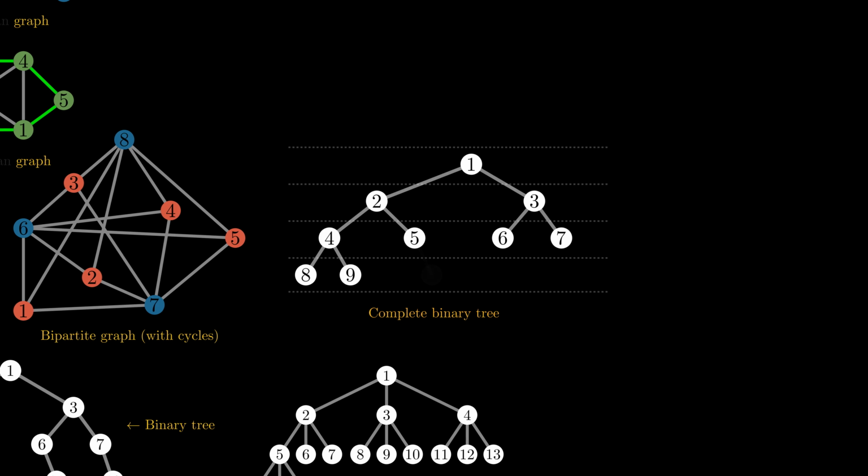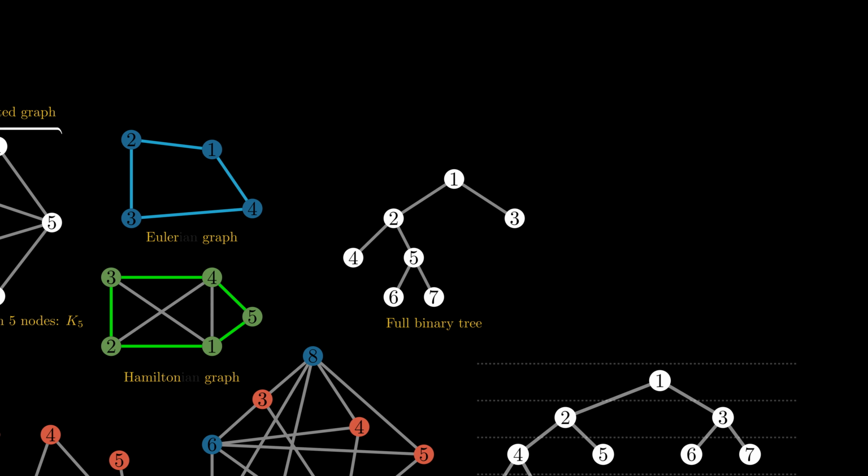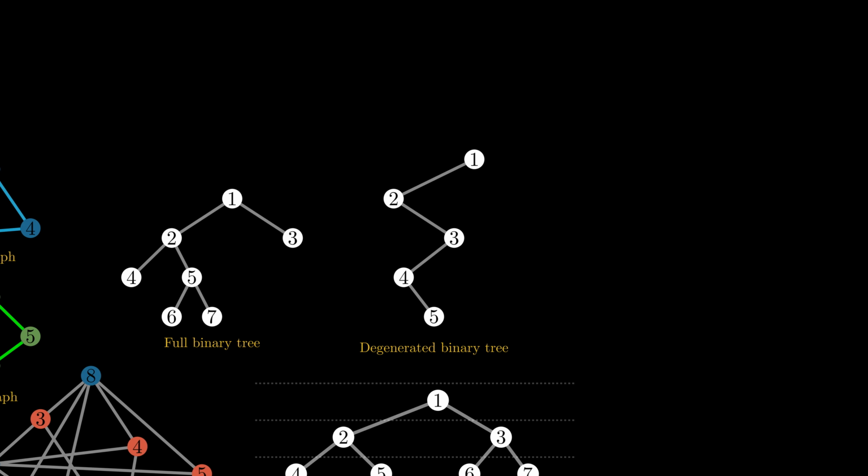Another important type of a binary tree is the so-called full binary tree. In a full binary tree, every node has either 0 or 2 children, but never just one child. But if a binary tree has only one child per parent, either a left or a right child, and this through the entire tree, then it is called a degenerated binary tree.